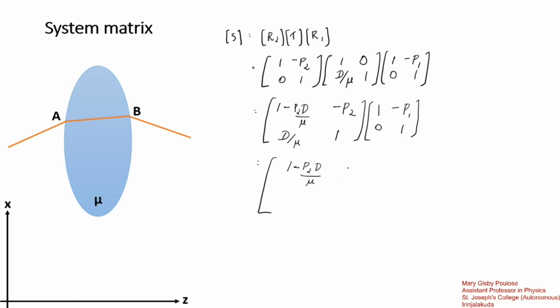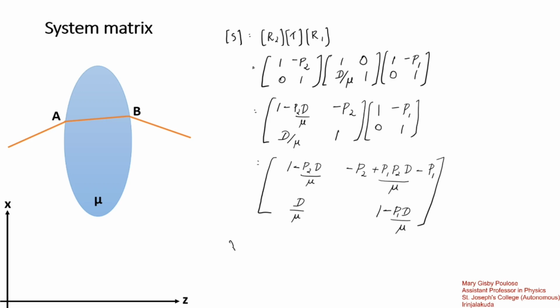We have minus P2 plus P1 P2 d divided by mu minus P1, d by mu, then minus P1 d by mu plus 1. Okay, so this is the system matrix.